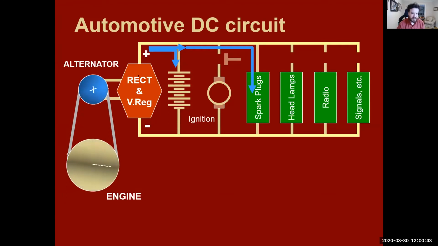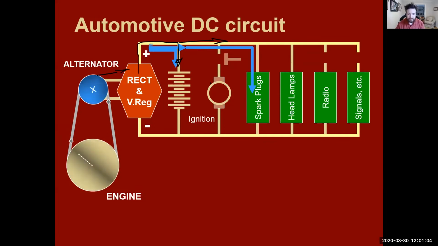Just looking at this, we have an alternator. It's spinning. It's creating a charge, and it goes through our rectifier. What we're doing right now is we're charging our battery, and we're sending power out to our spark plugs. The engine is just running right now.